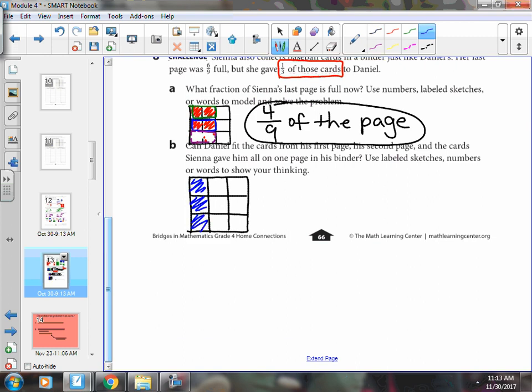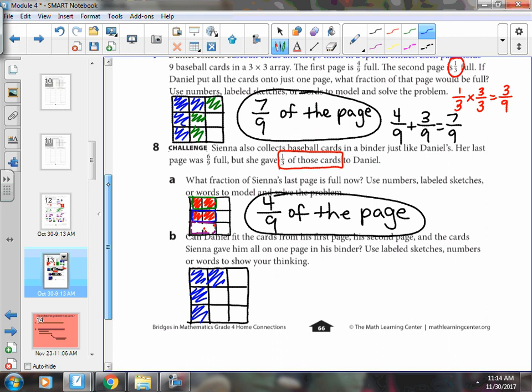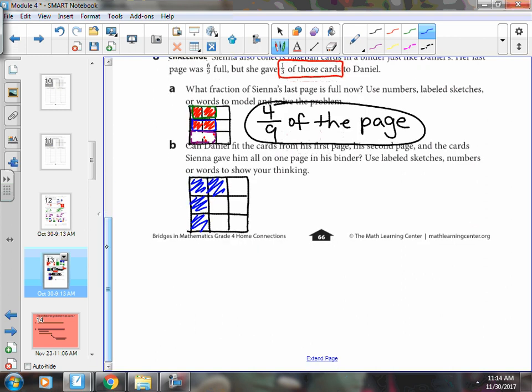Now he's combining it with his second page, which was a third of a page, which is 3 more cards. So I'm going to shade in 3 more cards. And then we're also combining what Sienna gave him. And Sienna gave him 2 cards. Well, look at that. That worked out just perfectly.